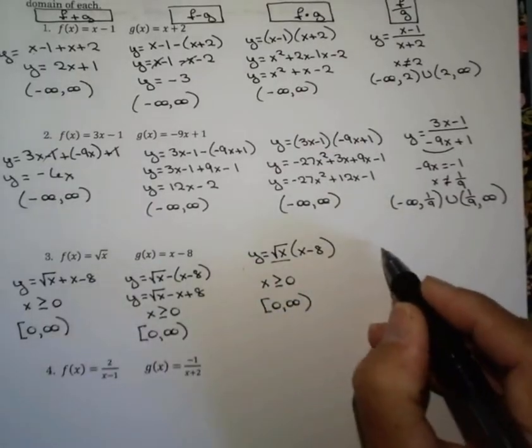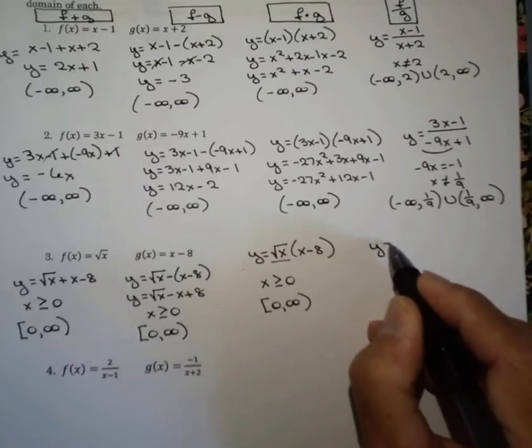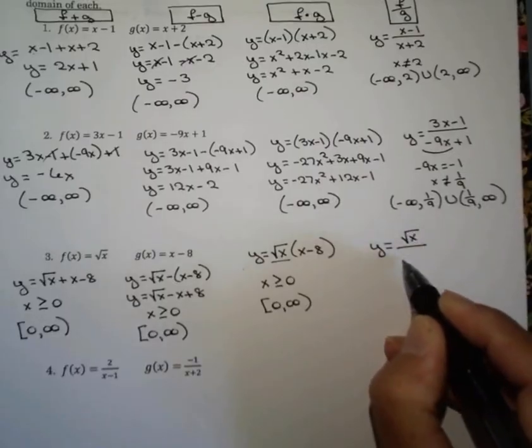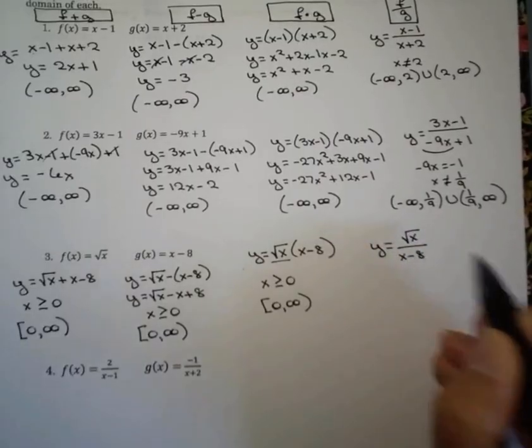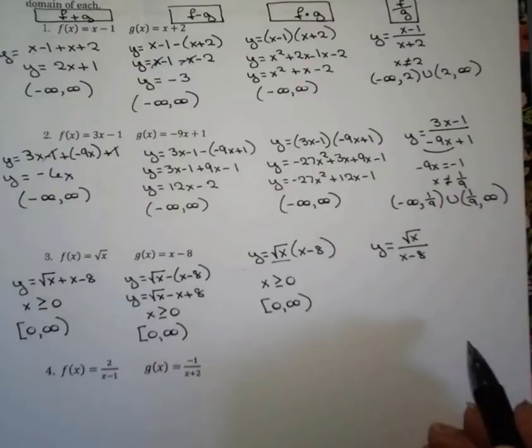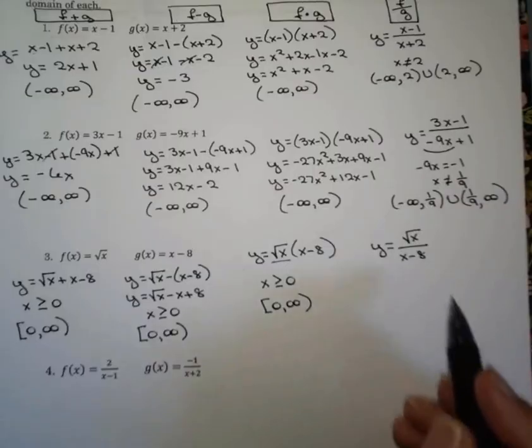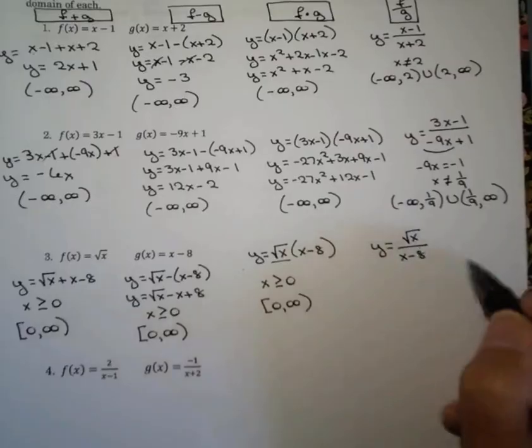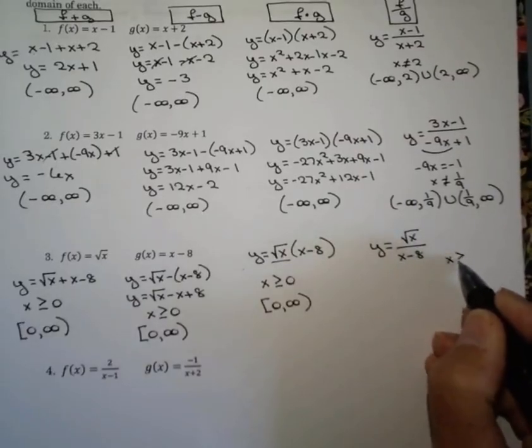And let's look at division next. This time, my new function would be the square root of x divided by x minus 8. Now, I've got a couple of things that I see that might give me trouble here. I'm thinking that everything still has to be positive, right? I've got to have x greater than or equal to 0.